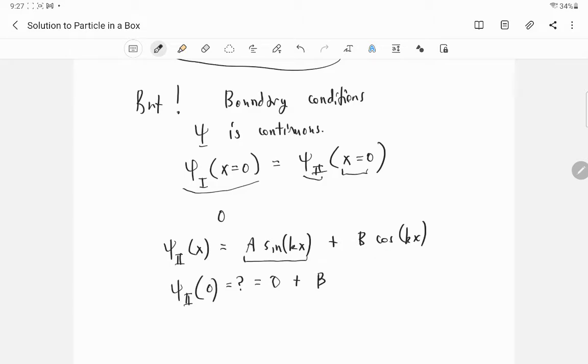So because of the boundary condition, the region 2 wave function has to match up with the region 1 wave function at their boundary. At their boundary, the wave functions have to be 0. So this implies that we cannot have a cosine part of the wave function.